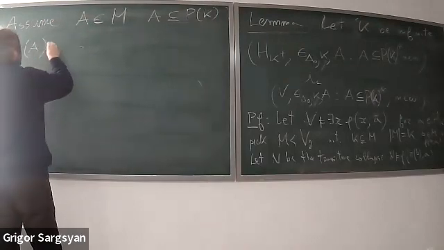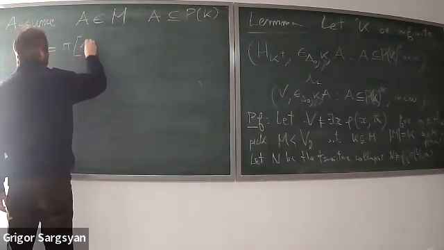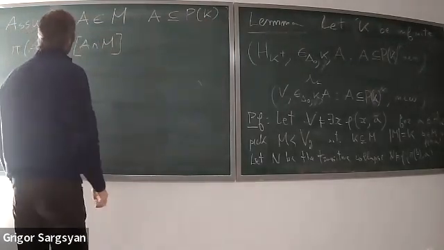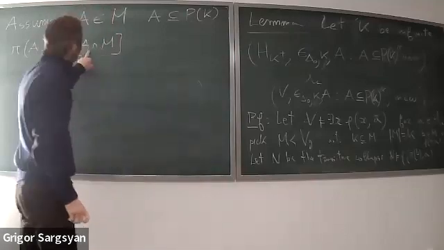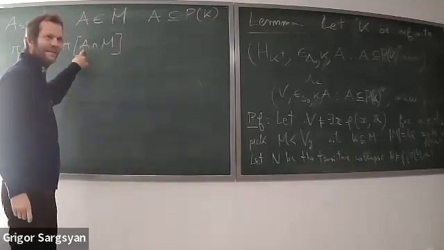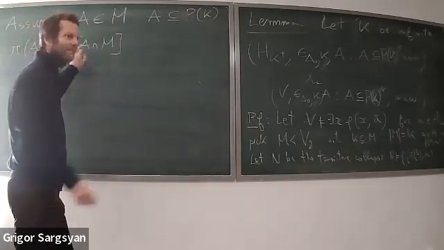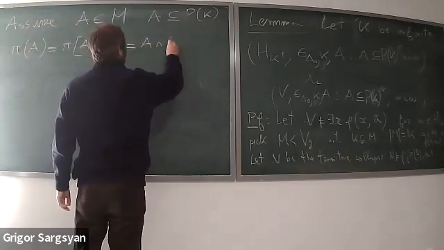Well, phi of A by definition is phi of A intersection M. Since the elements in A are subsets of kappa, they are not moved by the transitive collapse. So this is equal to A intersection M.